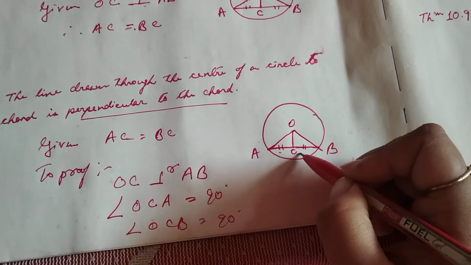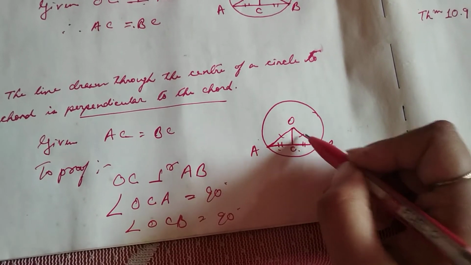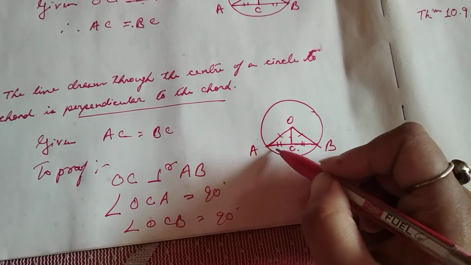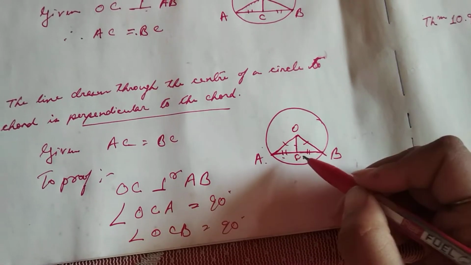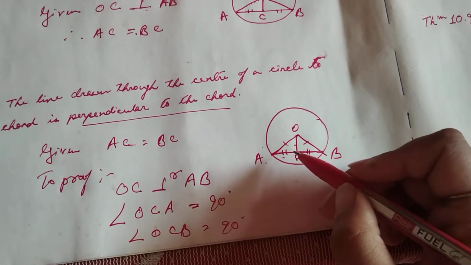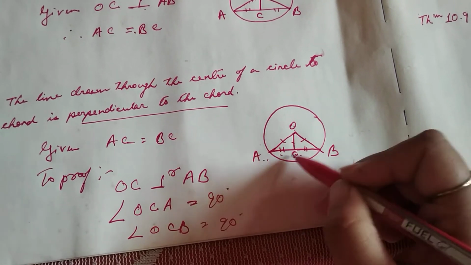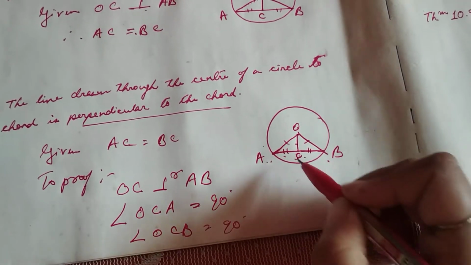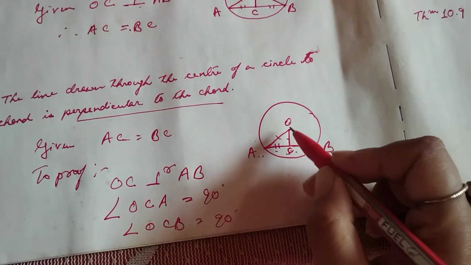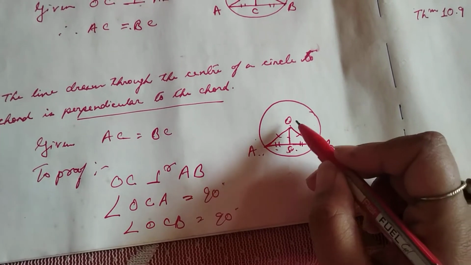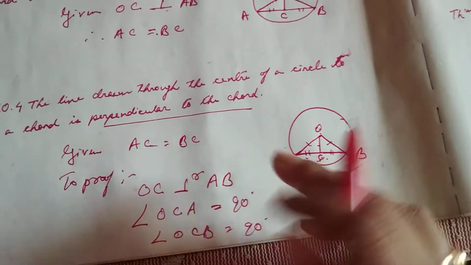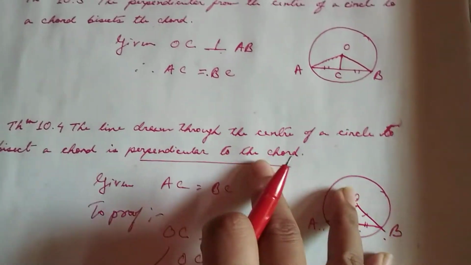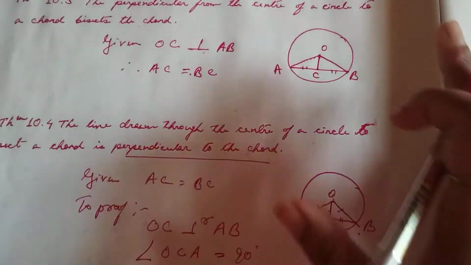As this is already given as equal, this is also the same radius, and this is the common side, that is side-side-side congruency. You can say that angle OCA is equal to OCB, and the two angles sum to 180 degrees, that is twice angle OCA is equal to 180 degrees, that is OCA is equal to 90 degrees. I guess you are clear with this. If you need this proof, it will be done in the next video.